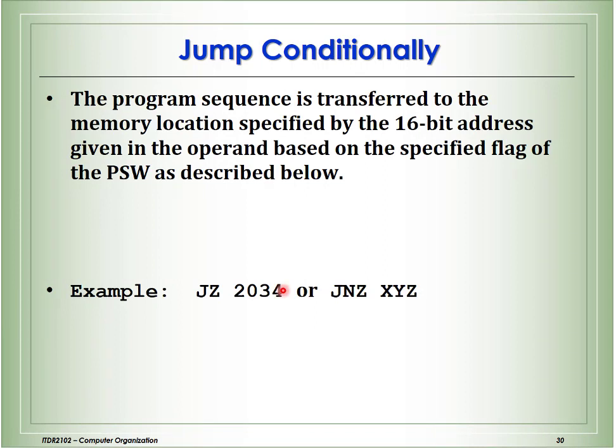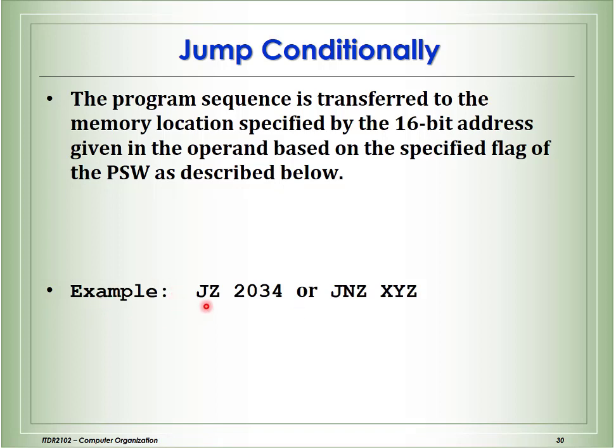Now jump conditionally, as I told you, means that we need to go to the new location if the condition is true. Once it is true, then we need to jump to the new location. Again, the 16-bit address given in the operand will specify it.